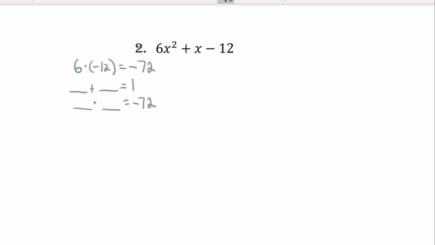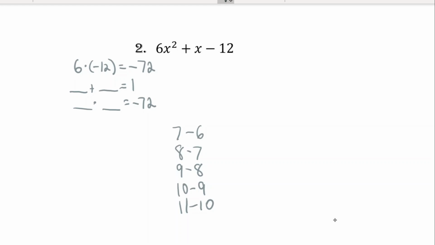You could trial and error it, but what I do is I look at, okay, I see a 1 here, which kind of means to get 1, I would need to have like 7 minus 6, 8 minus 7, 9 minus 8, 10 minus 9, or 11 minus 10 to get 1.